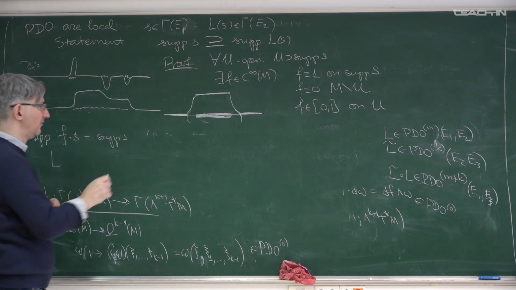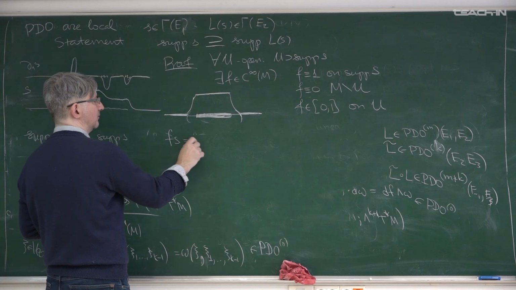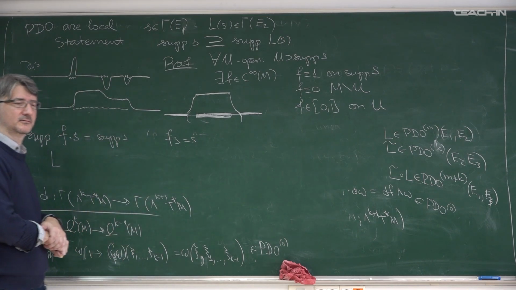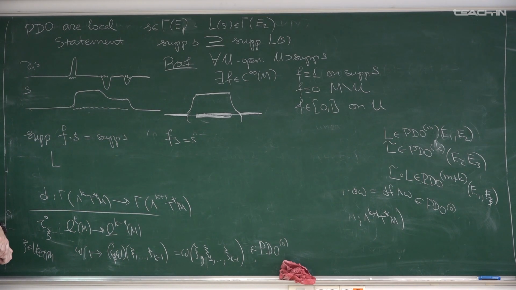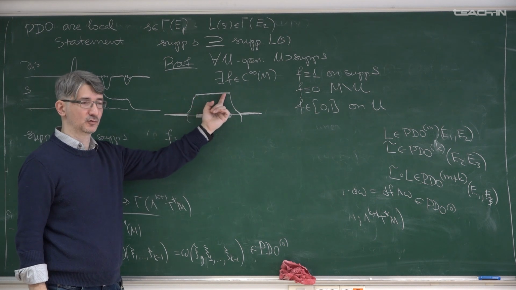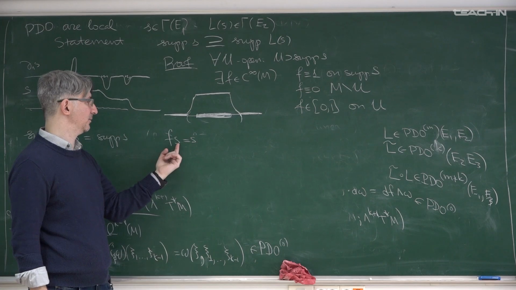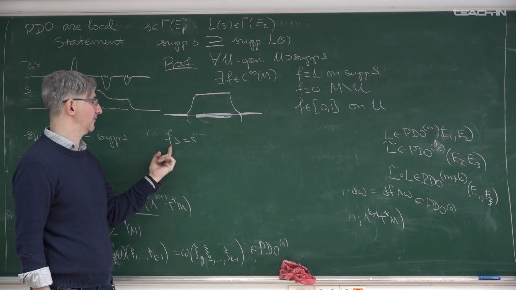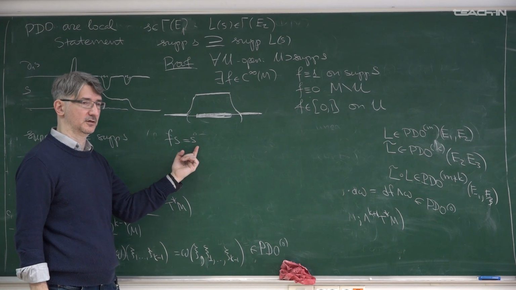I guess that F times S and S are the same. What do you think about it? S is not 0 here, and here F is equal to 1. That's why if you multiply the section S by function F, you still obtain section S.